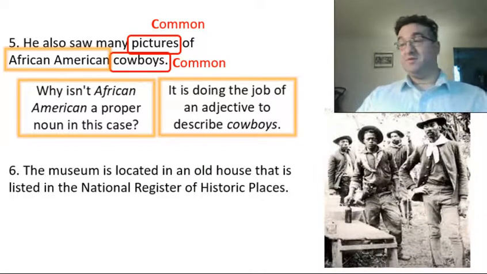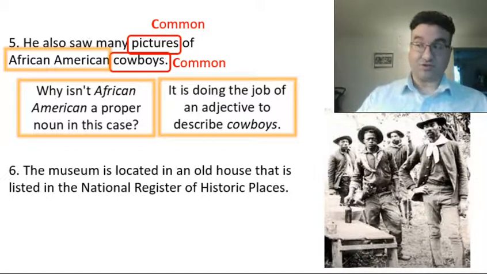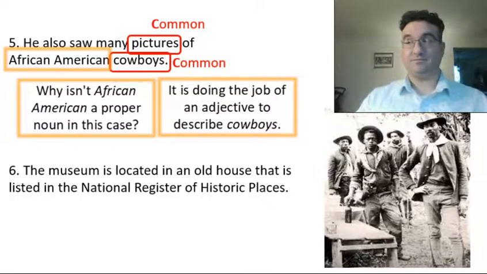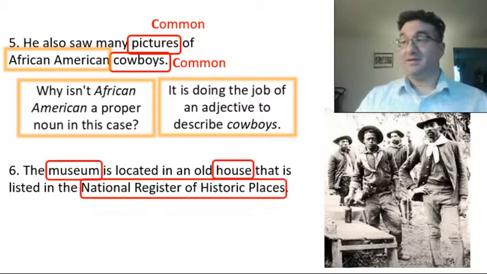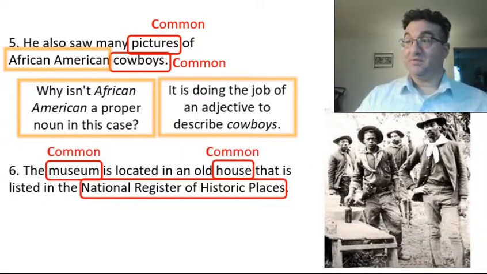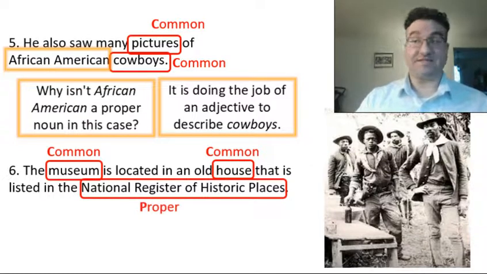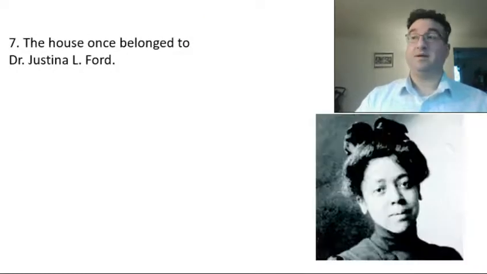Next, we have the museum is located in an old house that is listed in the National Register of Historic Places. That one gave me some trouble. Here are the nouns. We can see 2 of them are common. The other one's proper. It's a specific thing. Next up, we have the house once belonged to Dr. Justina L. Ford.